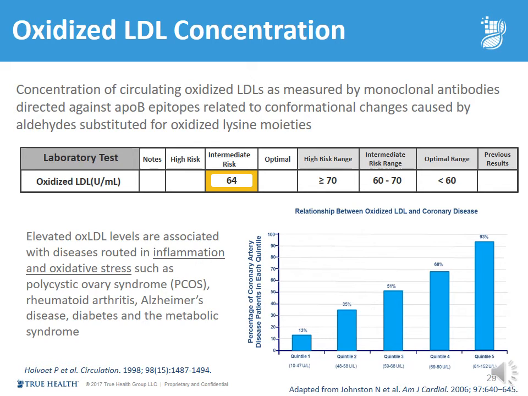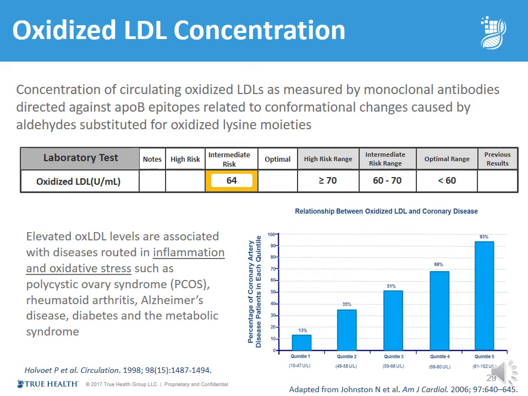There are no fully oxidized particles to any extent circulating in plasma because the plasma is full of many antioxidant factors that don't permit that, and scavenger receptors in various tissues clear any fully oxidized LDL particles rapidly.